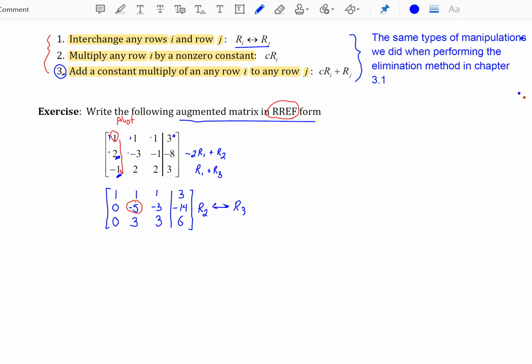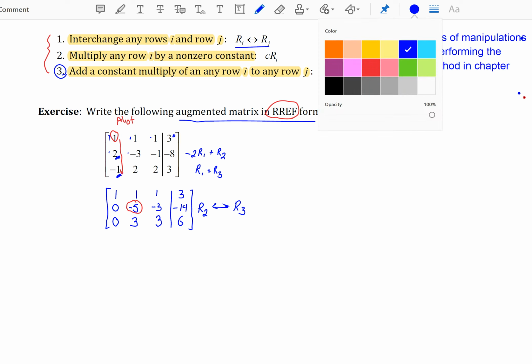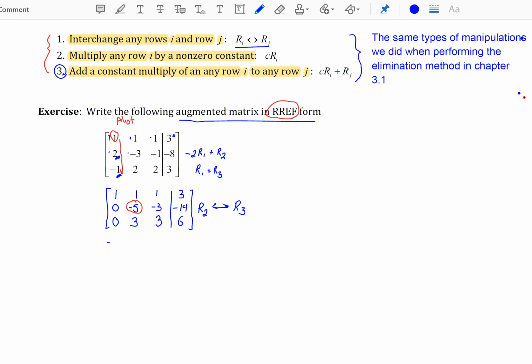And I'm looking ahead to see what will happen when I do this. If it's not clear, let's swap the rows and then I'll see if I can explain it a little more.